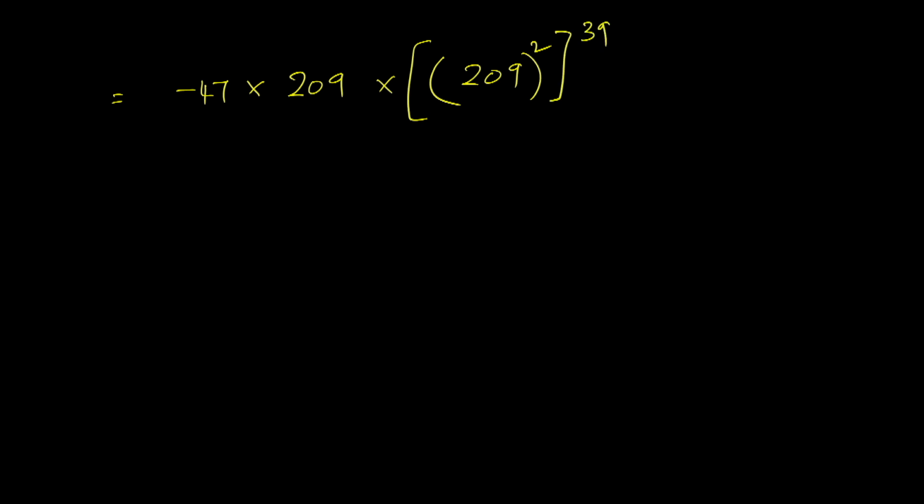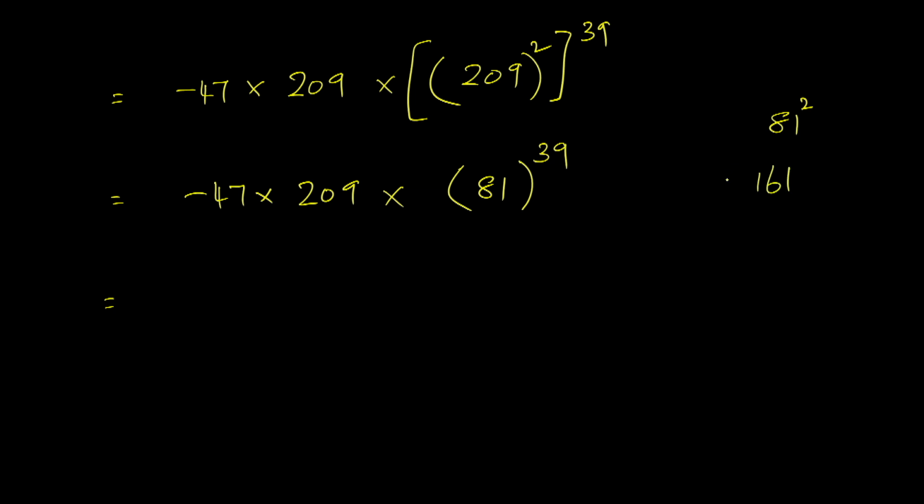But then 209 squared is 81 mod 400. Therefore, this is writable in this form. But 81 squared is 161 mod 400. 80 squared is 0 mod 400. 2 into 80 into 1 is 160, plus 1 is 161.